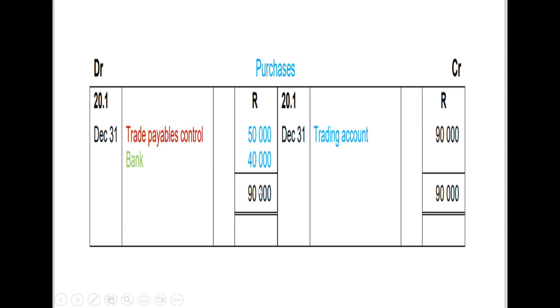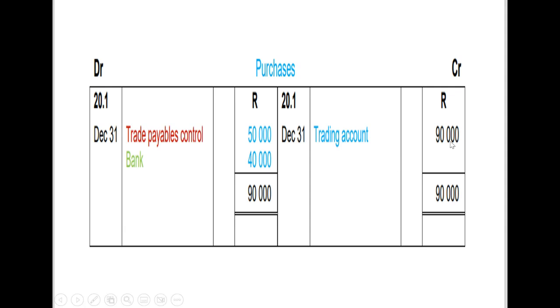So you can see already that the debit side is 90,000 and the credit side, there's nothing actually. So we need to make both sides to be equal. So it needs to equal to the highest number, which is 90,000, and we also need 90,000 here. Because purchases account is an expense account, what does it mean? It needs to be closed off where? To your trading account.